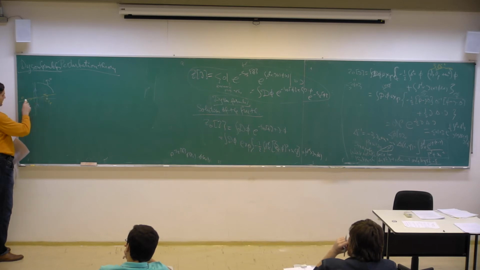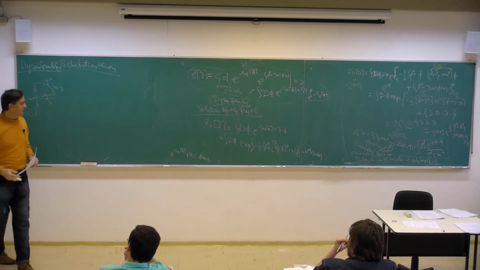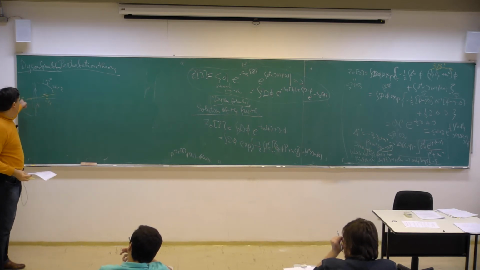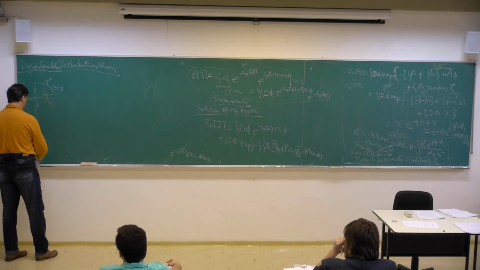And that only happens if I do the rotation with pi over 2 minus epsilon so that I don't touch these poles. And in so doing, we obtain this contour, which was the Feynman contour.